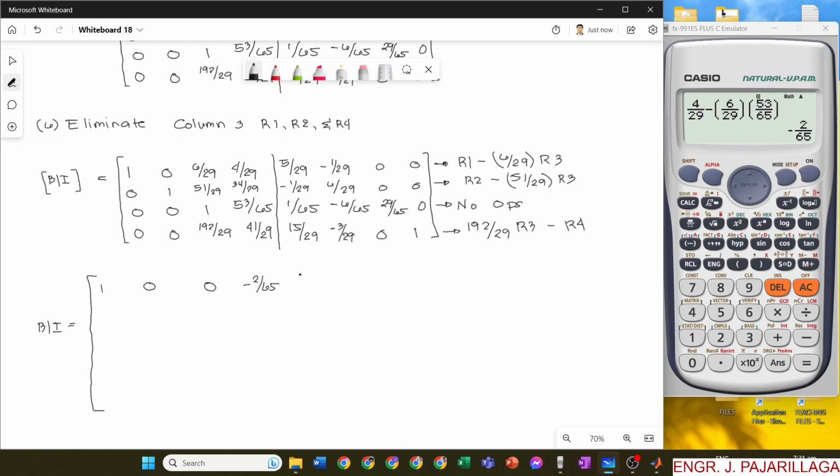We have our augment line here. And then we have 5 over 29 minus 6 over 29 multiplied by 1 over 65. Then we have 11 over 65.